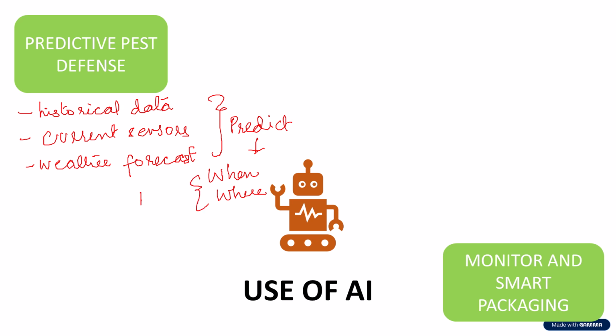When and where the mold is most likely to attack the crops, so that the farmer can be prepared beforehand and take preventive steps like targeted spraying onto the target plant or target part of a plant, so that the use of chemicals is reduced before a big infestation starts.